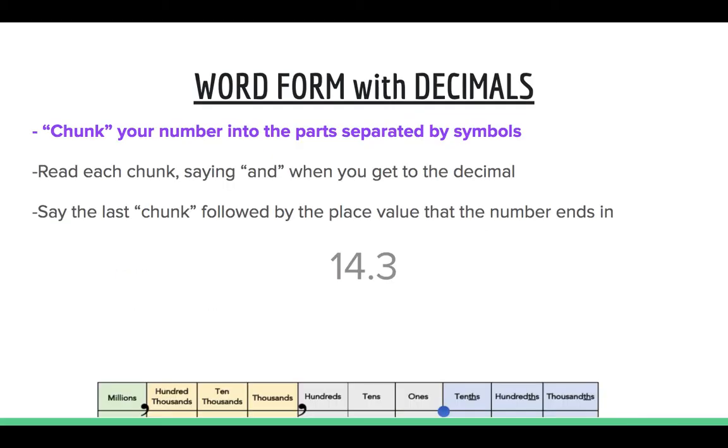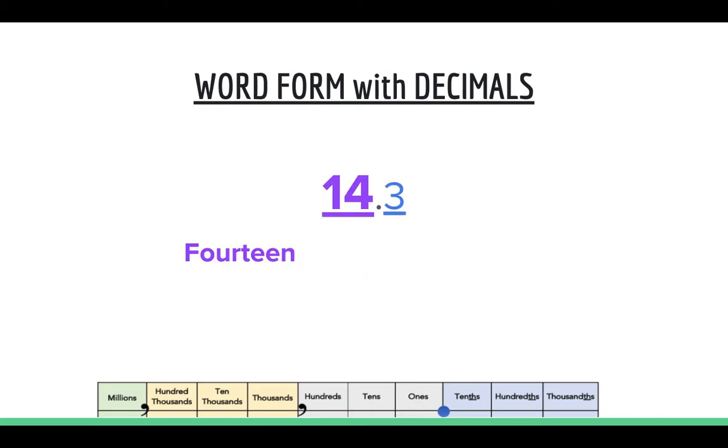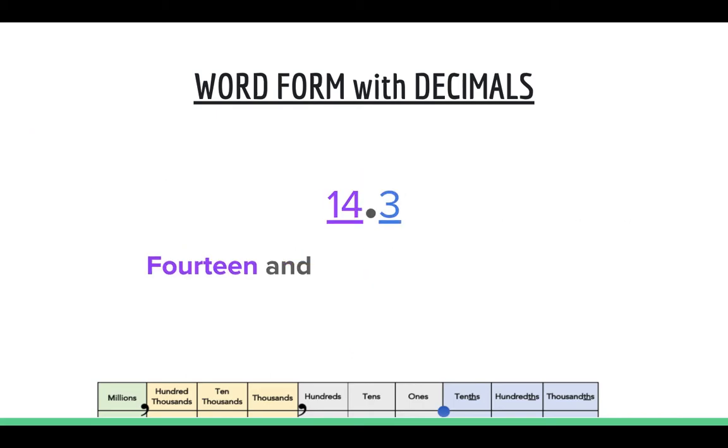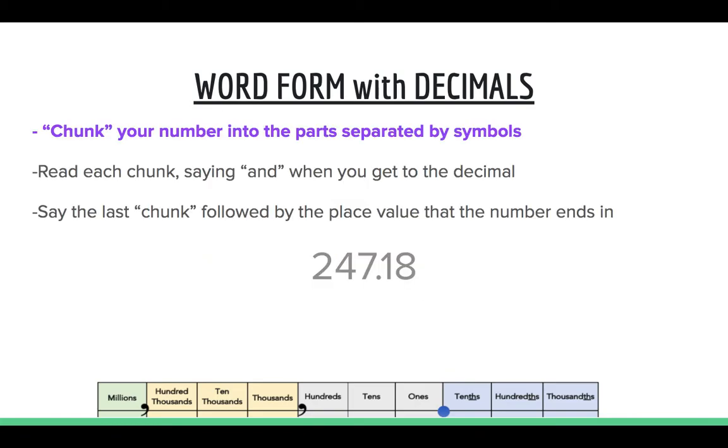First, we're going to chunk our number. We're going to say "and" when we see the decimal. This number is 14 and 3 tenths. Remember, when you have a decimal number, the last thing you're going to say is the place value that the number ends in. This number ended in the tenths place. Let's try again.